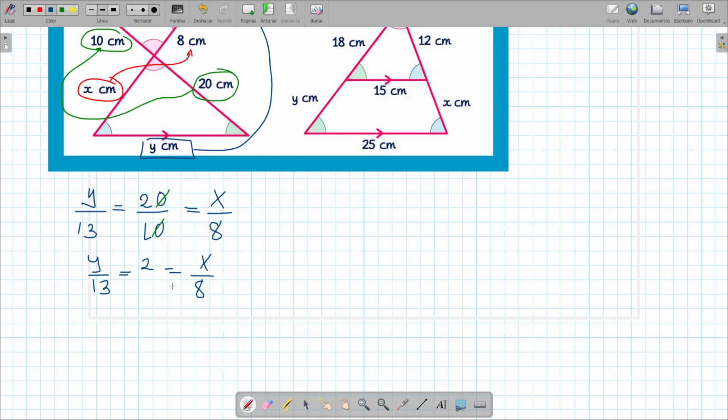Right? Now, working with these three equalities, we need to make pairs, okay? For example, this one I will work alone: y over 13 equals 2. And I will take this other one to work alone as well.